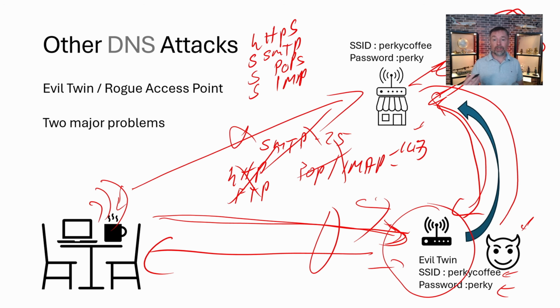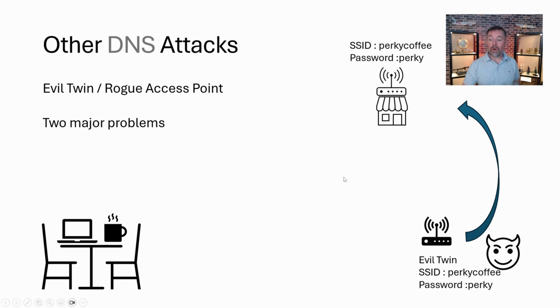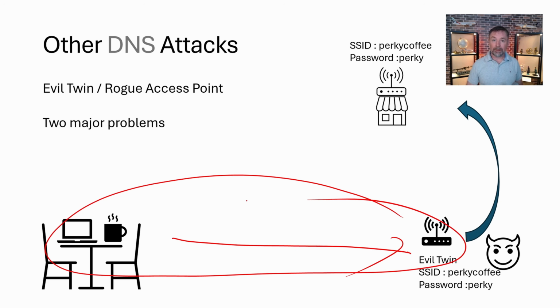Supposing you are using secure protocols. In theory, the attacker cannot see your traffic and cannot modify your traffic. However, what happens when you join this network? This router gives you your IP address to use on this network.